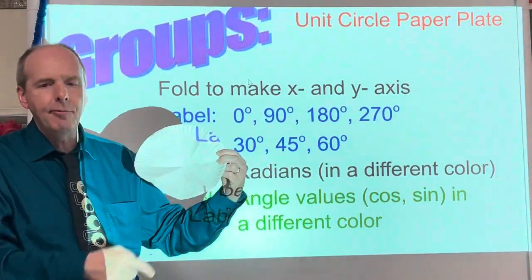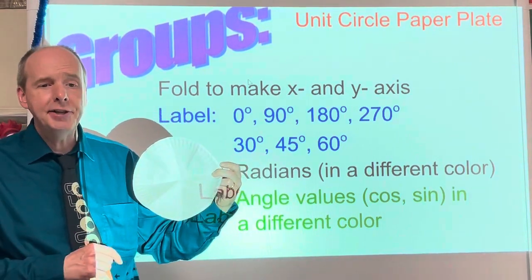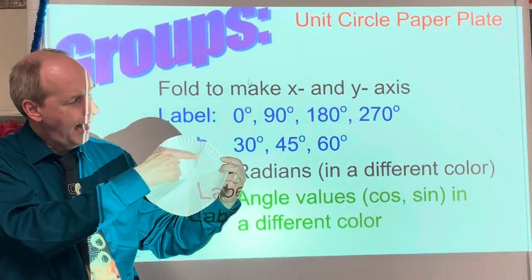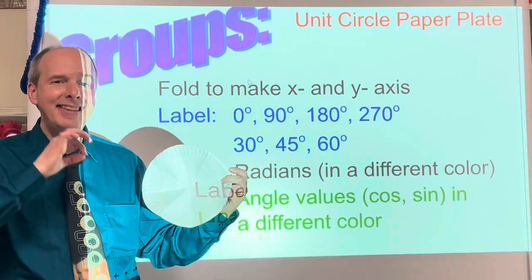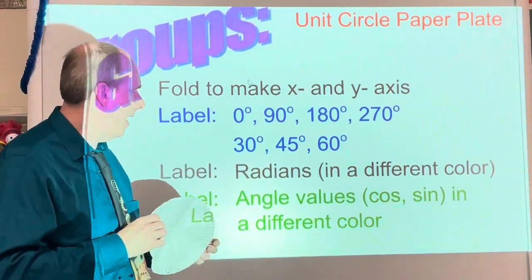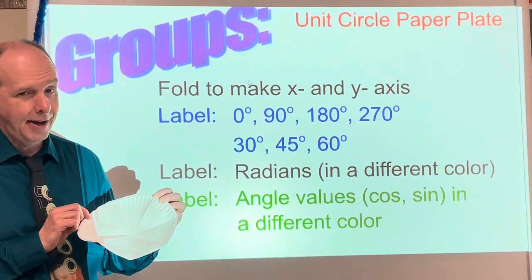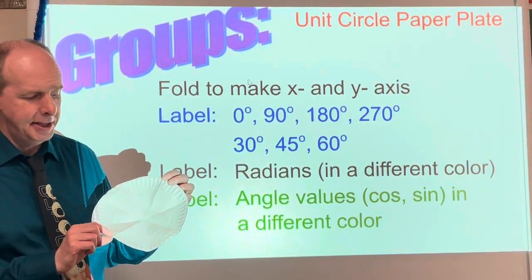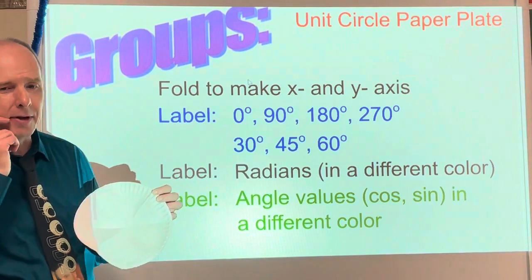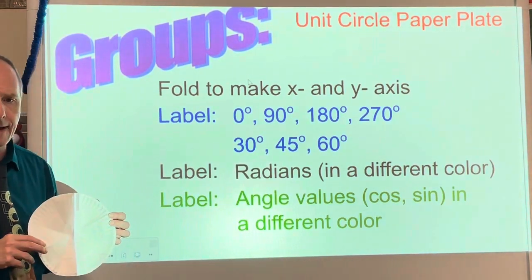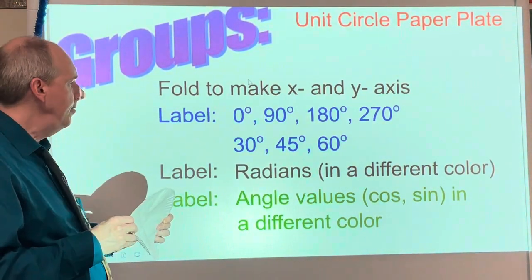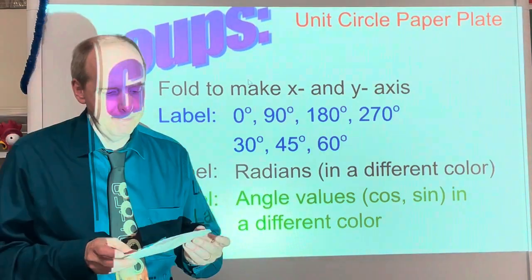You've got your X and Y in one color. I would suggest you draw your 45s, the diagonals, in a different color. Label that 45, 135. I forget what this one is here and this one is here, but you'll figure it out. Okay? Then you need your 30s and 60s.